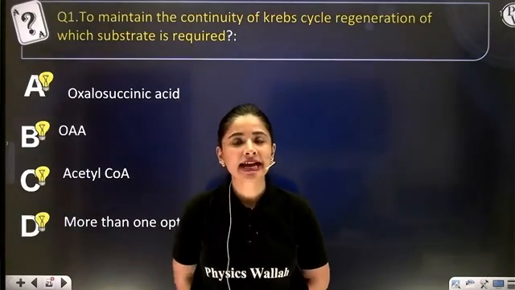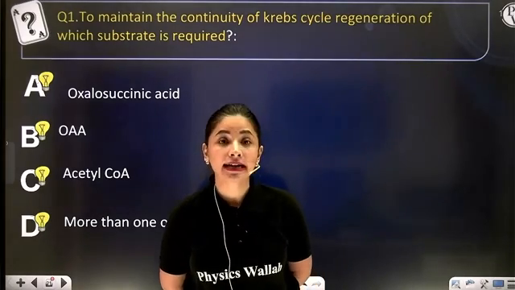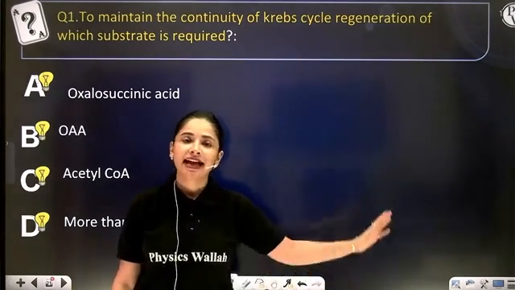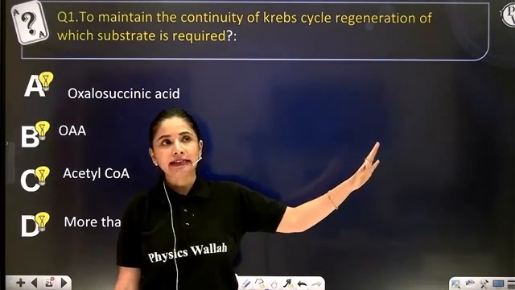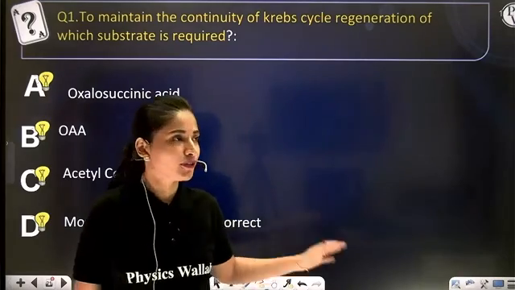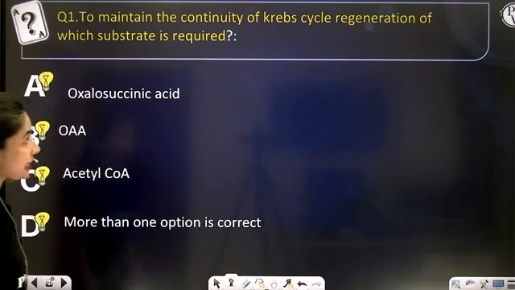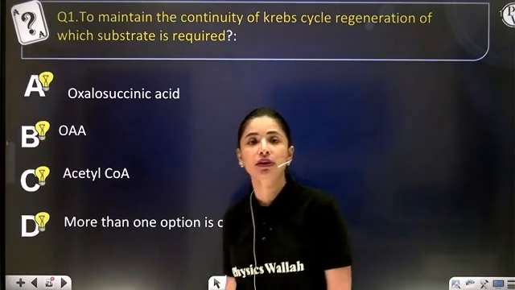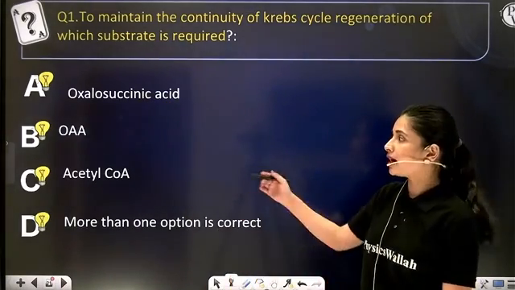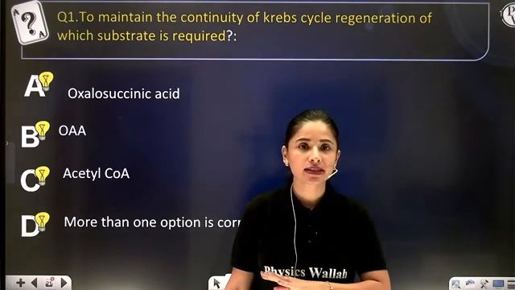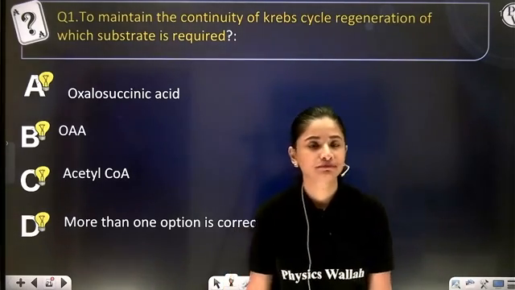So with this, we have finally come to the end of the section, and before entering into thank you slide, let's do some questions. The first question says, to maintain the continuity of Krebs cycle, regeneration of which compound is required? Your options are oxalosuccinic, oxaloacetic, acetyl coenzyme A, or more than one option.